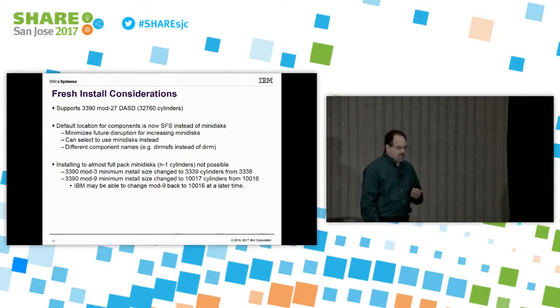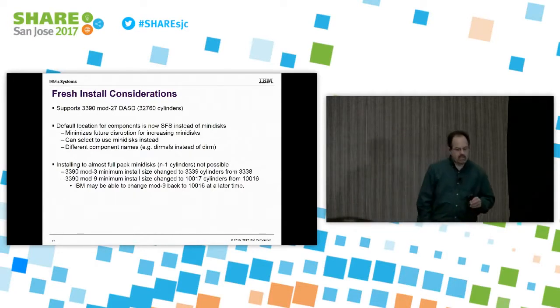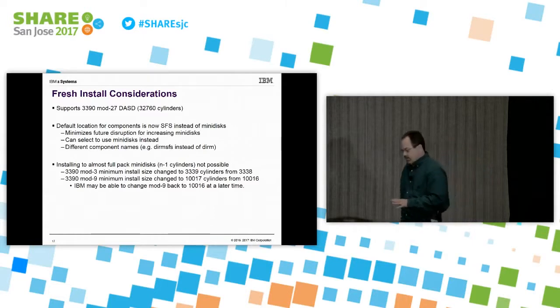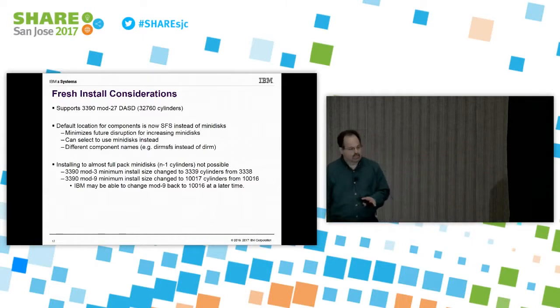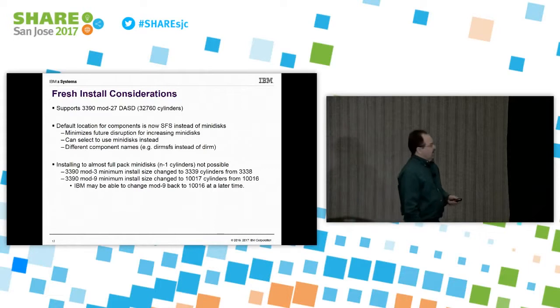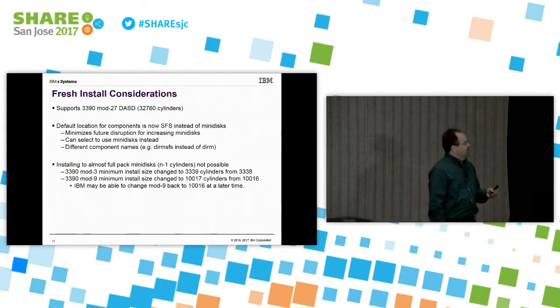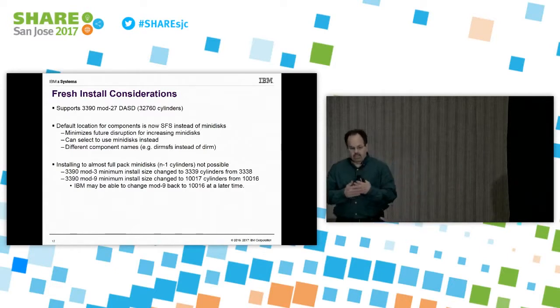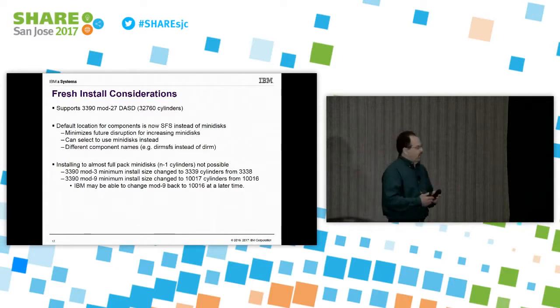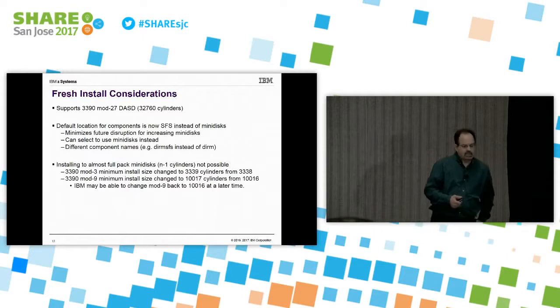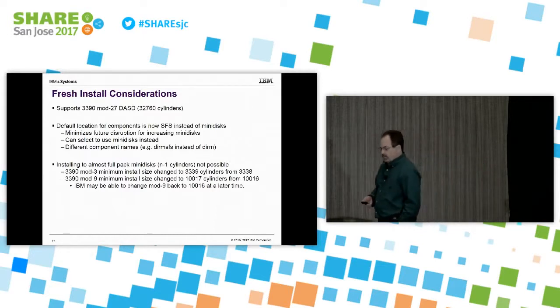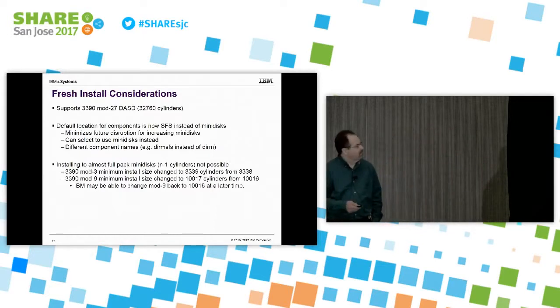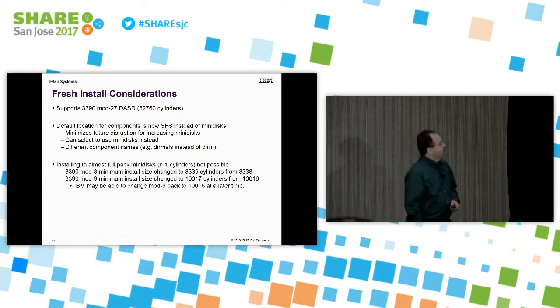We might be able to change back for mod 9s in the future if we recut the install DVD; we're looking at that now. But be aware of that. If you have some automation or tools that specify the size as N-1, you probably have to go in and change those, or if you're just used to doing it that way, you'll have to do it a little differently.